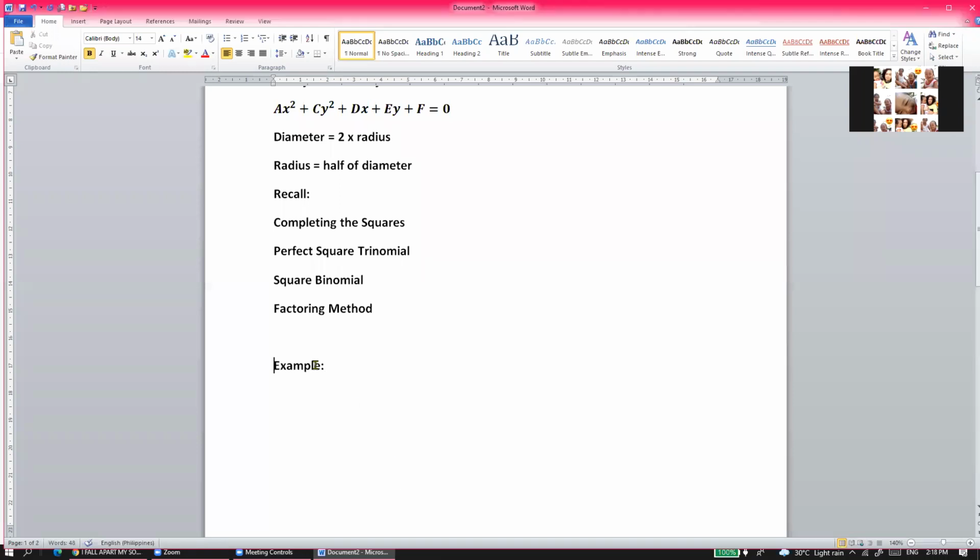Sample number 1: Find the equation of the circle if its center is equal to (2, 3) and having a radius of 5 units.